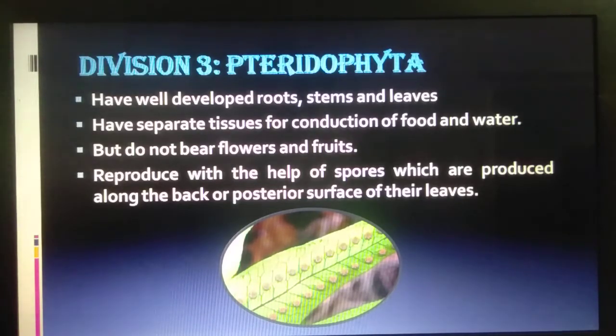So these sori have spores, and when these spores fall in the soil, they germinate into a new plant. So they reproduce by means of spores present along the back or posterior surface of their leaves.